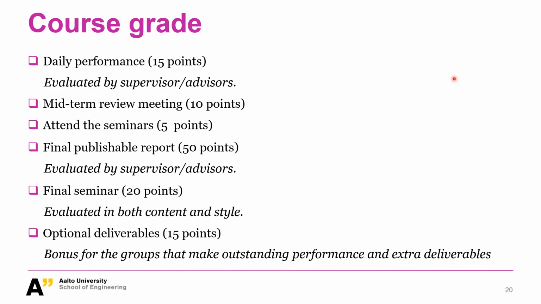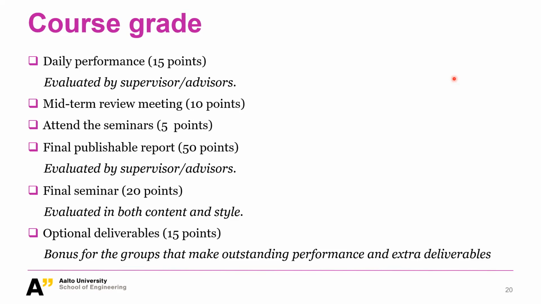All right, some optional deliverables, 15 points. This is something designed for your creativity. We don't have strict rules about this. One example I could give is some really nice, well-organized code can be a deliverable.